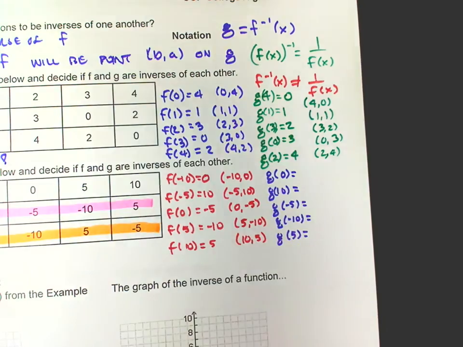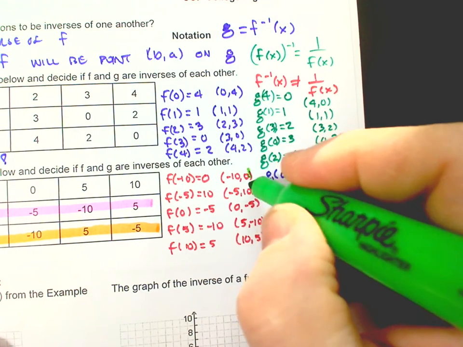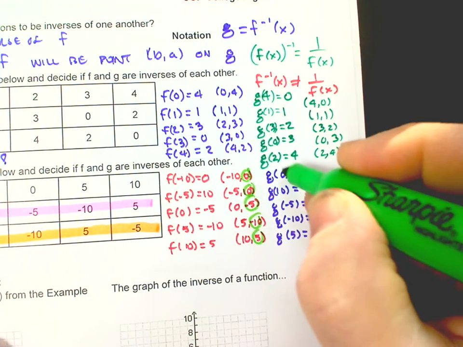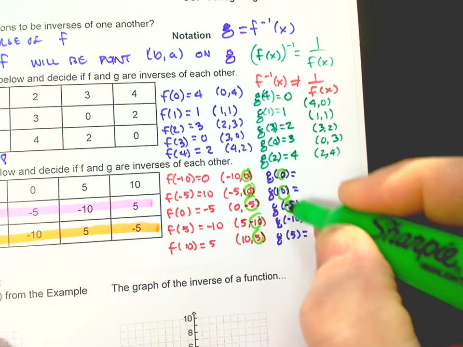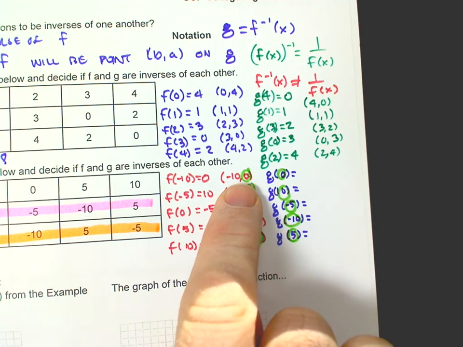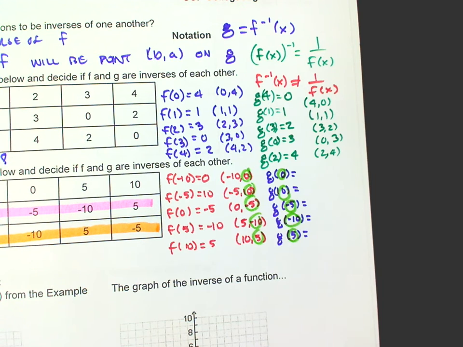And all I did was take each one of these values that are here and use those for the inputs in the g function. The results better be the same outputs. So let's check this.